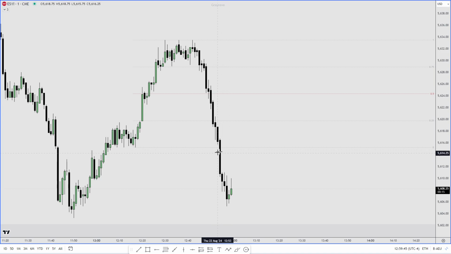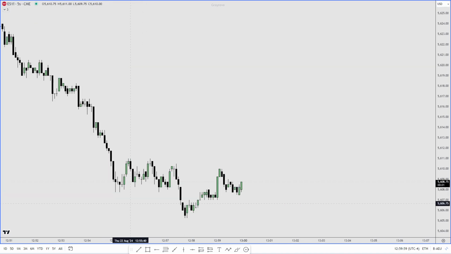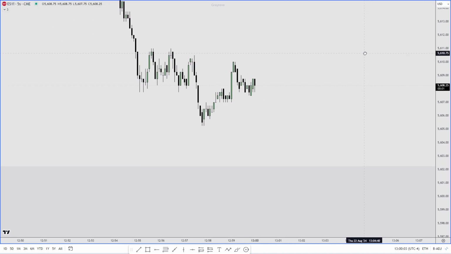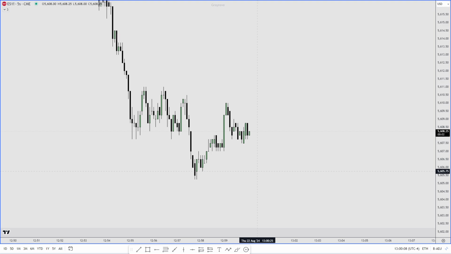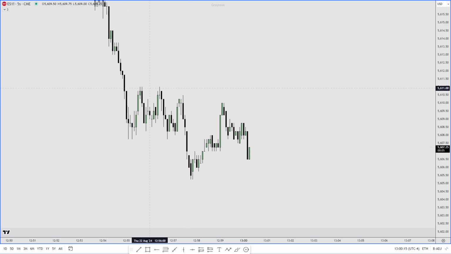This fair value gap should be more than enough, so I'm going to focus on that, and I'm gonna drop into the 5 seconds. Alright, so the fair value gap is above these highs. I want to see if we can run these highs and then proceed lower.